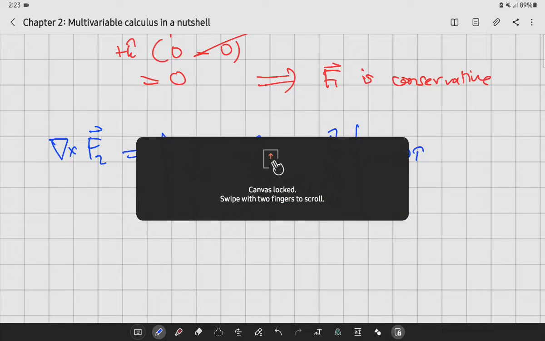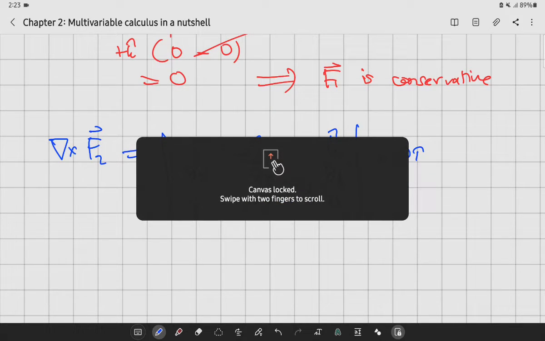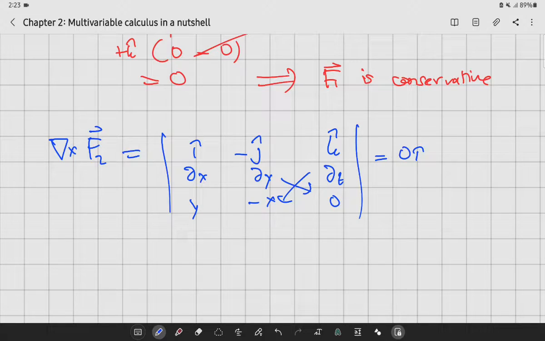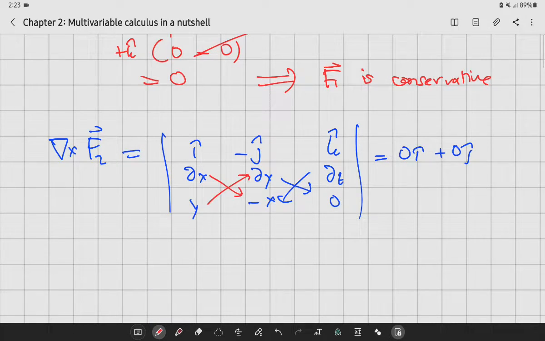The j-th component is 0 minus 0, again 0. And the k-th component is going to give me minus 1, and partial y of y is again 1, and you're subtracting that. Minus 1 minus 1 gives me minus 2k, and this is definitely not 0. So you can conclude that F2 is not conservative.